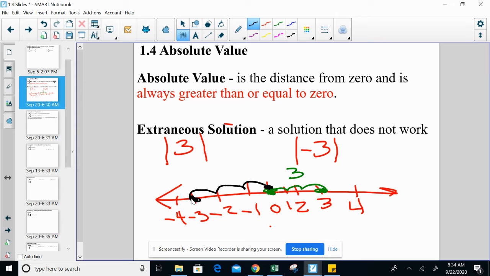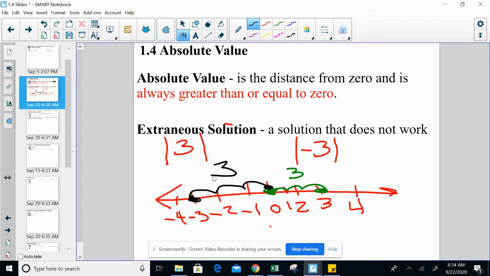Our position is at -3, but how far did we walk? When you think about walking somewhere, you don't think about negative direction. Even if you walk backwards, you're not walking in a negative direction. If you've walked 3 meters forward, you've walked 3 meters. If you've walked 3 meters backward, you've also walked 3 meters. So that's what absolute value is.